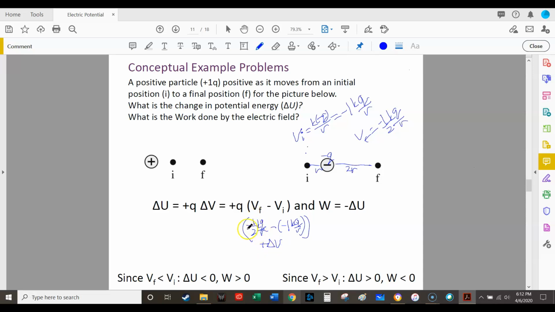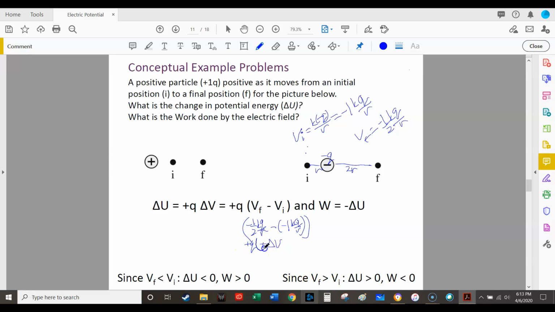The final voltage is negative 1/2, the initial voltage is negative 1. So negative 1 is less than negative 1/2, so V final is greater than V initial, which is going to result in a positive delta V.